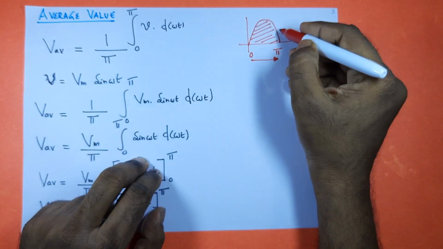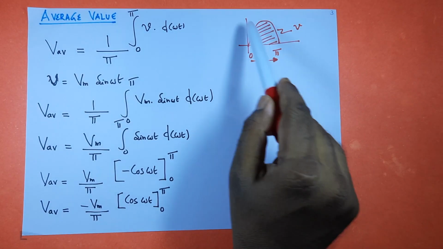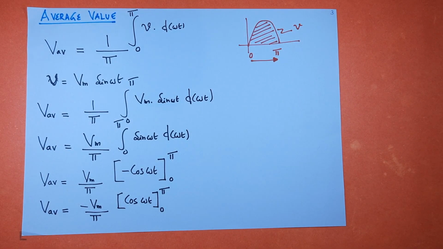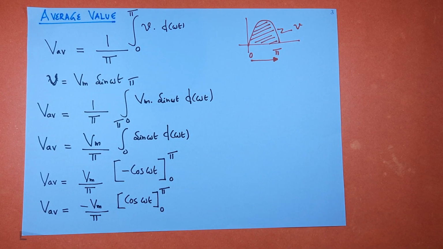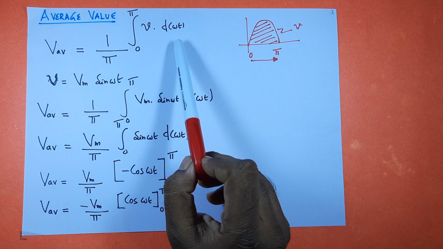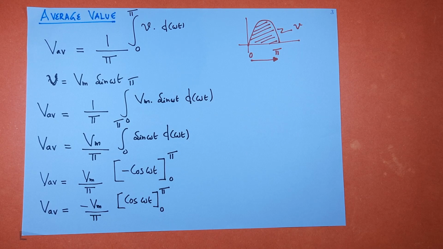The area under this curve is the integral 0 to pi of v d omega t, divided by the length of the curve base, which is pi. So V average equals 1 divided by pi times the integral 0 to pi of v d omega t.